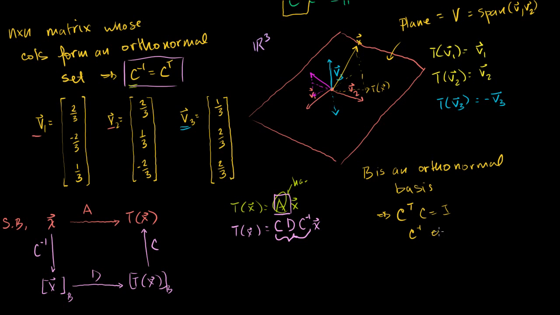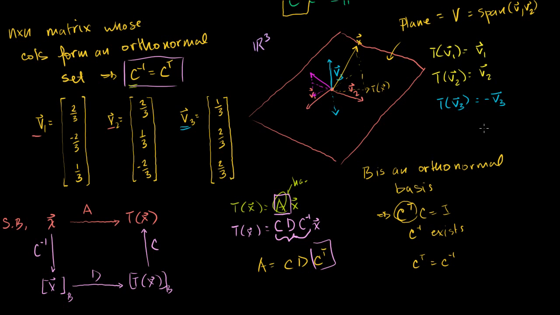C inverse exists, and at the beginning of this video we said that C transpose is going to be equal to C inverse, because this is just acting like an inverse right there. And then if C is an n by n matrix, or in this case, we're dealing with a 3 by 3 matrix, we're dealing with R3, then it simplifies to A will be equal to C times D times C transpose, which is much easier to find than trying to invert a 3 by 3 matrix.